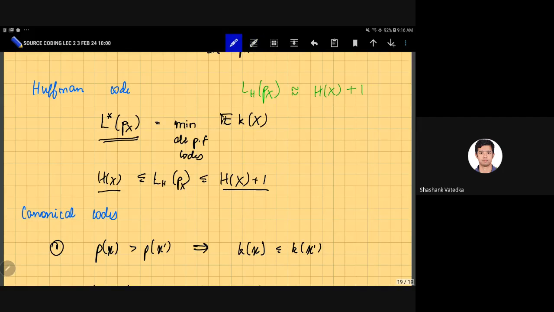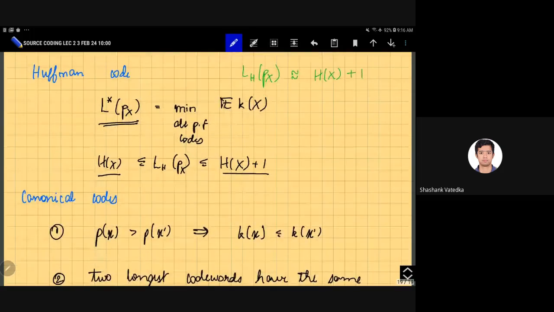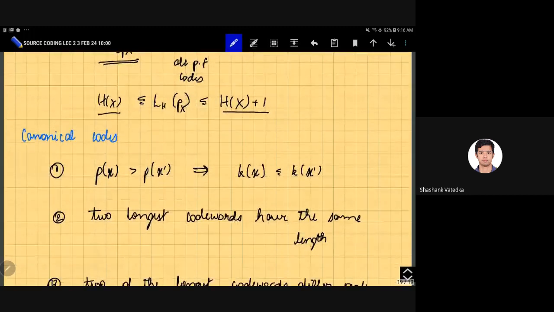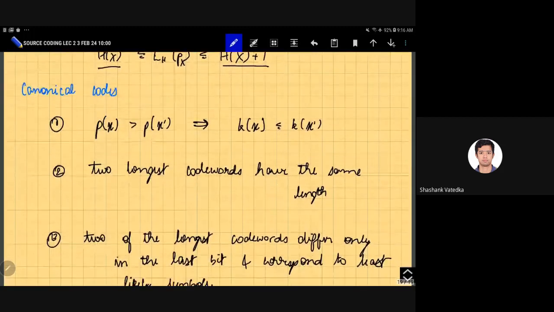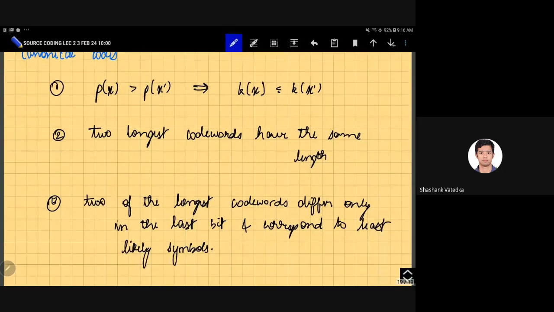Okay, so now that we've seen that the best you can hope for is between H of X and H of X plus 1, let us see why the Huffman code is optimal. Before I get to that, I'll define something called a canonical code. So a canonical prefix-free code is a prefix-free code which satisfies these three properties.